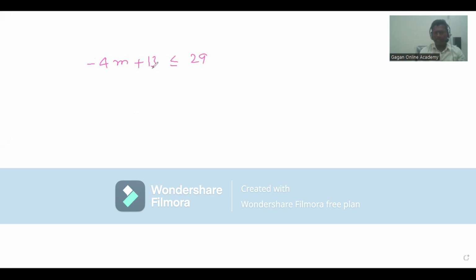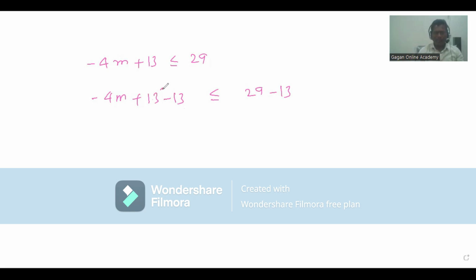Plus 13 is here. To remove that plus 13, we have to subtract 13, right? Minus 4m plus 13, I am writing this inequation. Now here I am subtracting 13, here also minus 13. 13 is subtracted from both sides of the inequality.